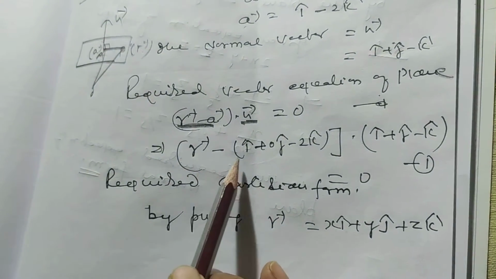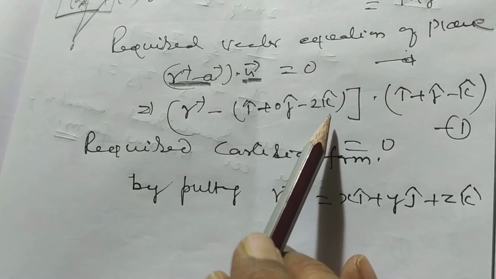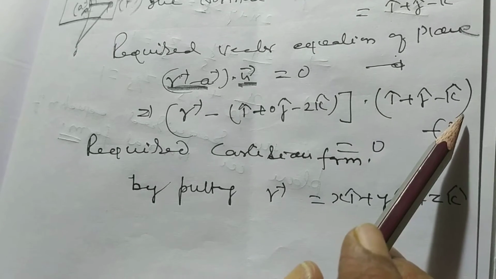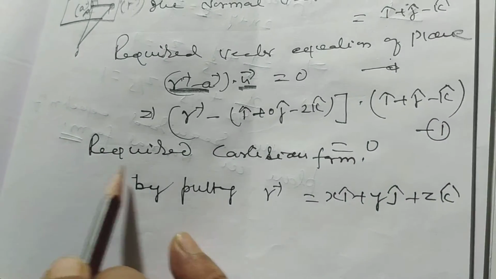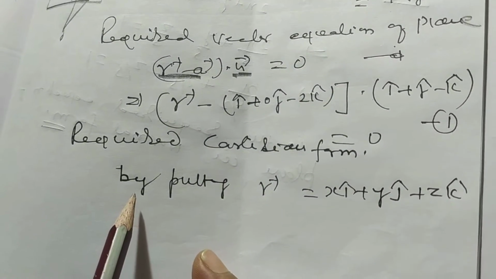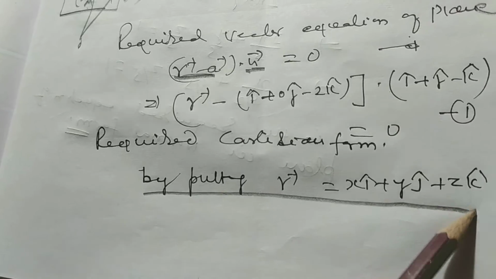So vector r - a dot product with vector n is equal to 0. Now (vector r - (i cap + 0j cap - 2k cap)) dot product with (i cap + j cap - k cap) is equal to 0. The required Cartesian form you can get by putting vector r equal to xi + yj + zk.